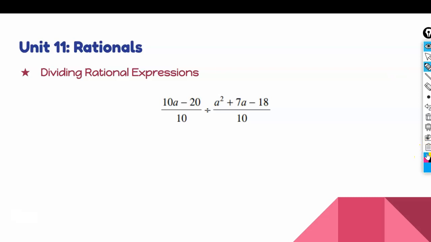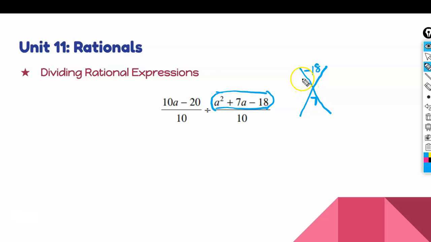So I want you to remember that first, when we see something like this, we factor by using the big old X. And what's going to go in the X is the -18 on top, that last number on top, and that middle number on the bottom. And what I'm looking for is two numbers that multiply to -18, and when I add them together, it gives me 7.